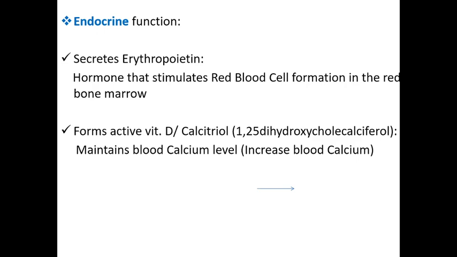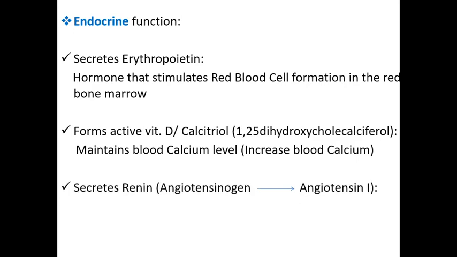Why do we need calcium? For the healthy growth of bones, the healthy functioning of the nervous system, and muscle contraction. We need calcium for a lot of functions, and to do all these things we need vitamin D, and the active form of vitamin D is produced in the kidney. The third hormone produced by the kidney is renin.